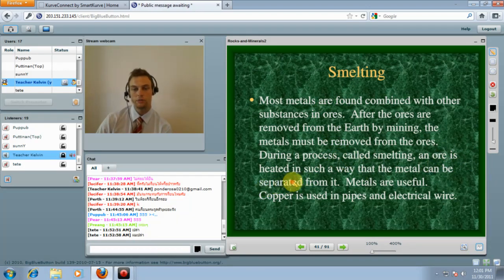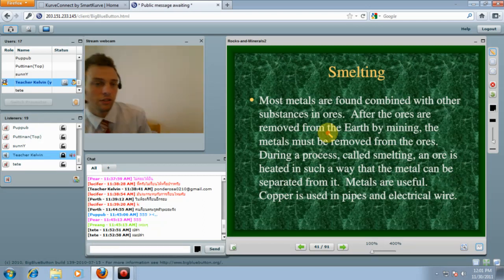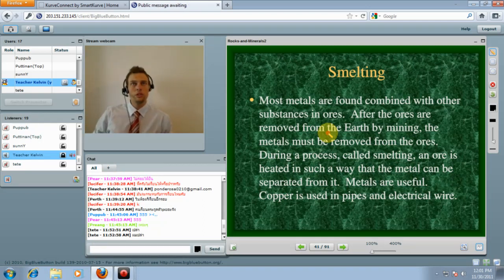So it's just a fancy way of saying heat the thing up until you can get the metal out. Smelting. And maybe if you've seen any pictures of smelting plants, they usually use really, really hot liquids to dump these rocks in there, and then the metal separates out, and they collect all the metal, and then the metal cools down, and they're able to use it to make iPods and computers and stuff like that.